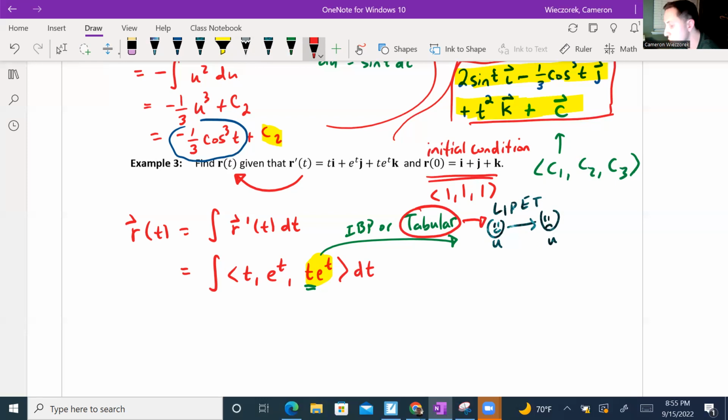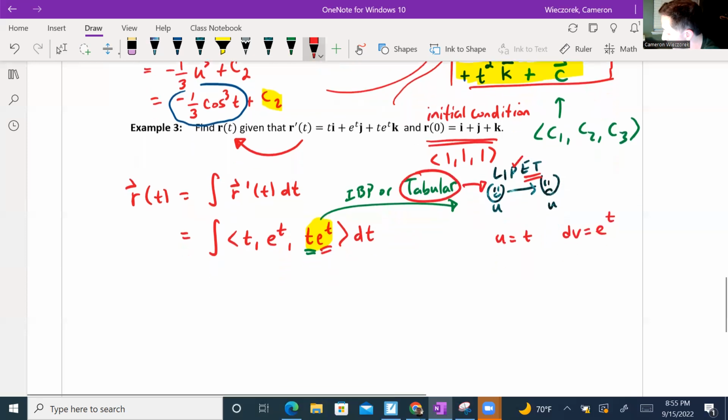Those are all fairly good choices of u. Exponentials and trig functions are awful choices of u. Those are better choices for dv. So my u in this case, I'm going to let be t. That's an algebraic function. I've got a polynomial. And my dv in this case is going to be what's left over, which would be my e to the t. The exponential would be a poor choice of u.